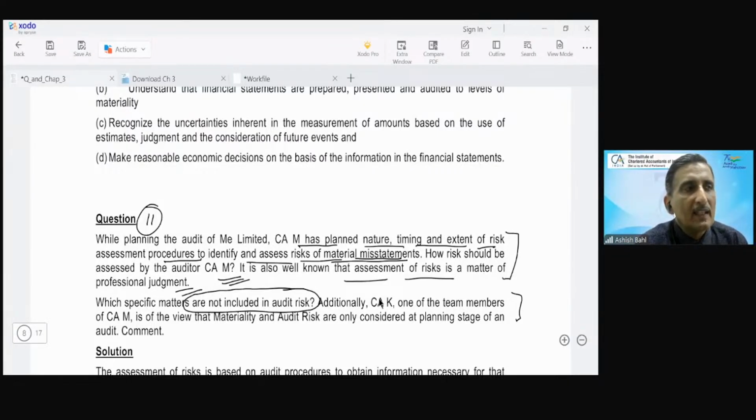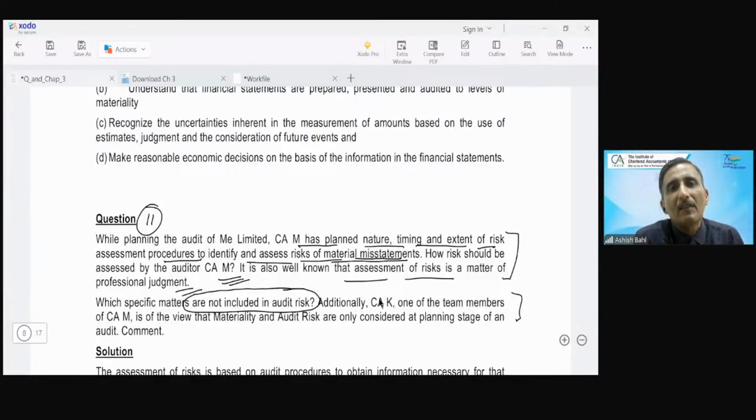So audit risk, students, matters such as, if the audit risk materializes, the reputation of the firm is damaged, there may be litigation. All these matters are not included in audit risk. Audit risk is a technical term which is used in standards on auditing, and it also does not include a situation where the auditor gives an opinion that financial statements are materially misstated, where in fact these are not.